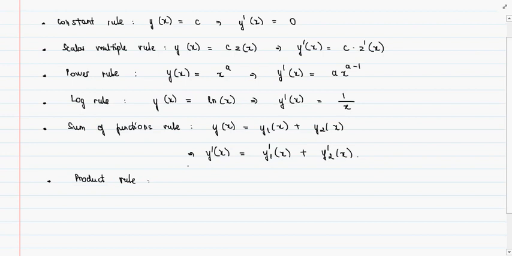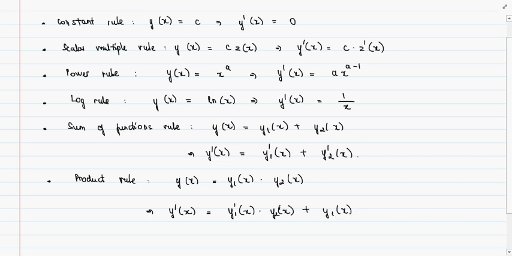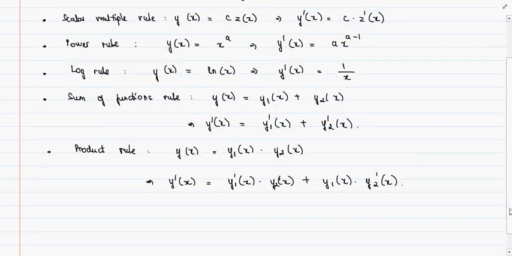If I have y as a function of y1 times y2, the two little functions multiplied together, and I want to differentiate this function, it's going to be the derivative of the first function multiplied by the second function itself, which remains the same, plus the first function, which remains the same, multiplied by the derivative of the second function with respect to x. And that is the product rule.